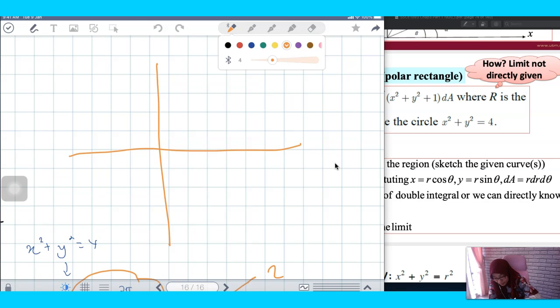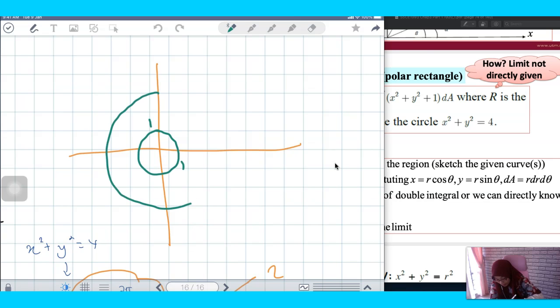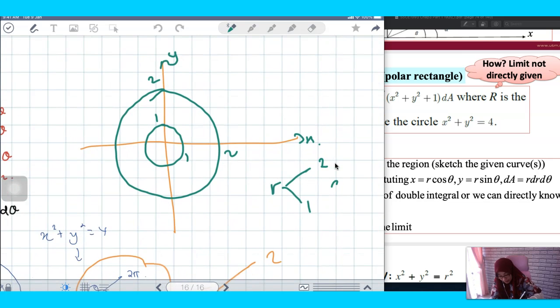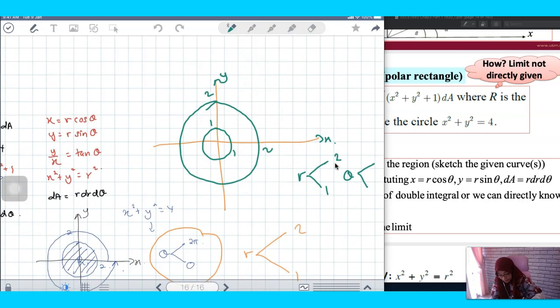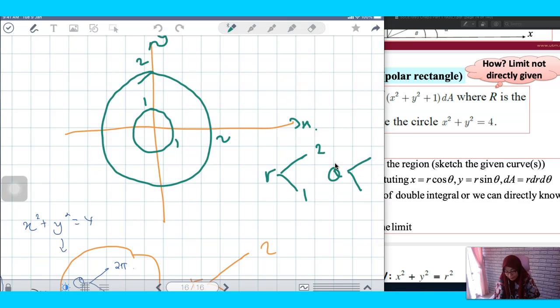You have R equal to 1 and another R equal to 2, lying on the xy-plane. Now R is from 1 to 2, and theta is from 0 to pi over 4.